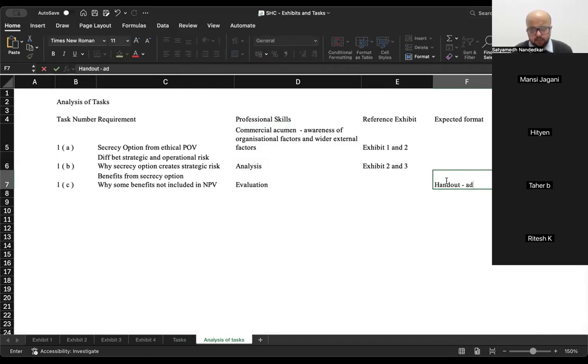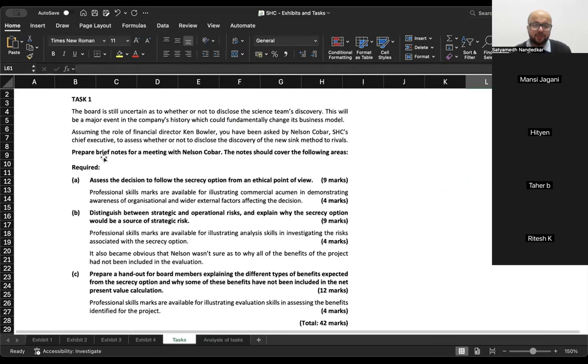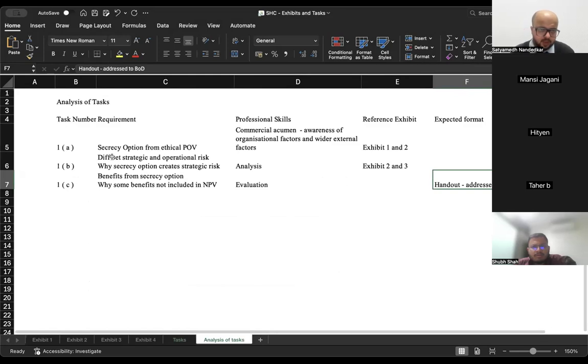But sir, right at the top they mentioned brief notes. They haven't said briefing notes, they said brief notes. The word brief means short. If briefing notes was the expectation, they would have written the words briefing notes. Okay sir. In both of these, is there a specific format that they have prescribed? No, sir. Okay.